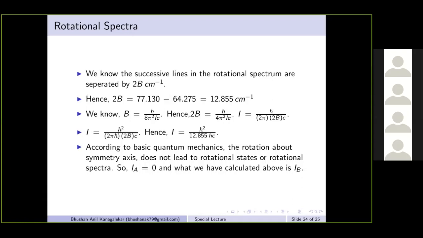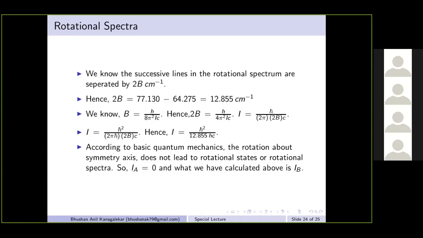B is equal to h by 8 pi square IC, so 2B is h by 4 pi square IC. There is a little tricky algebra and arithmetic here. If you are careless, it will be a lot of problem, because if you use h cross square by 2I, h cross square is also there in the answer and h is also there in the bottom.